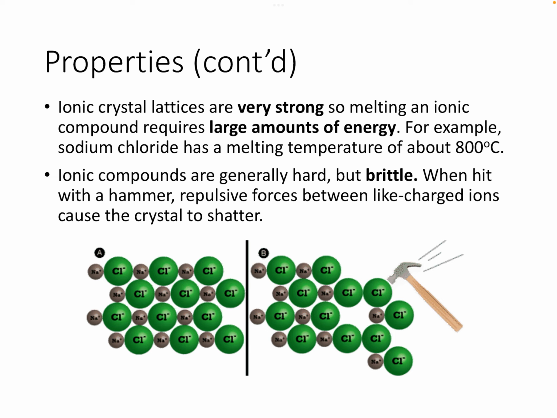Just imagine you pour some salt into a pan and you want to melt that table salt. It's probably going to take quite a bit of energy to melt it, but that's true for any solid, right? It takes a lot of energy to melt a solid. Sodium chloride has a melting temperature of about 800 degrees Celsius. So it takes a lot of heat, a lot of energy.